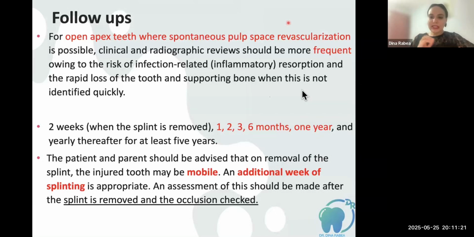So again, if you see the smallest sign of root resorption on the radiograph, start injecting these teeth with calcium hydroxide and keep replacing the paste until you no longer see this on the radiograph, and then you can proceed with the final root canal treatment restoration.